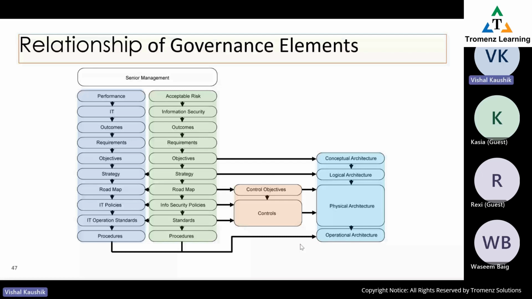You can see the IT line and the information security line on the right side, those two tall columns. Then we look at the control objectives, which move into the conceptual architecture, the logical architecture, the physical architecture, and the operational architecture. That gives the relationships of various elements in the governance of information systems.